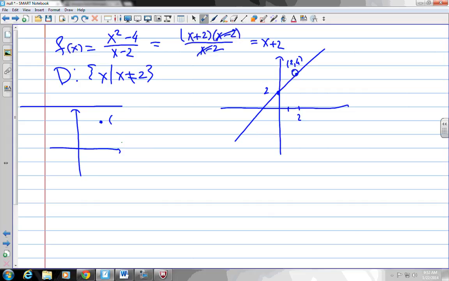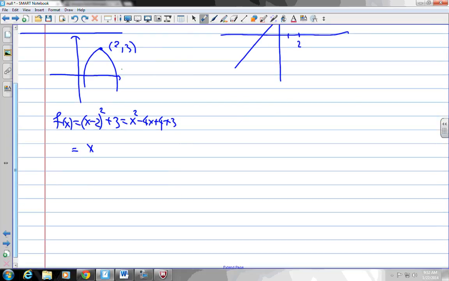So this is an upside down parabola with vertex at (2, 3). The equation of this parabola is, let's say, x minus 2 squared plus 3, something like that. Okay, so if I simplify this, it's x squared minus 4x plus 4 plus 3, so it's x squared minus 4x plus 7, okay? But let's say, yeah, negative, sorry.